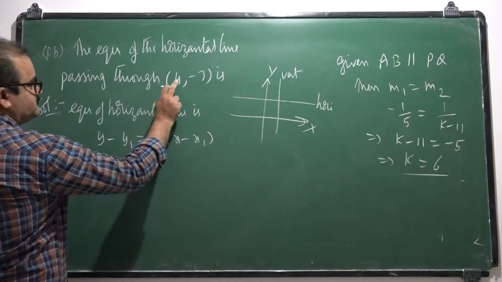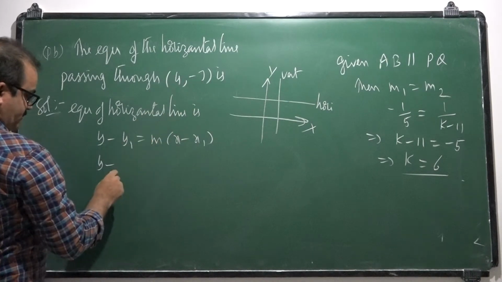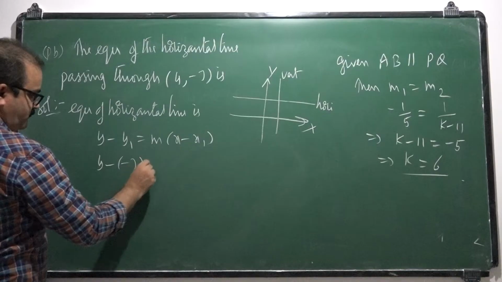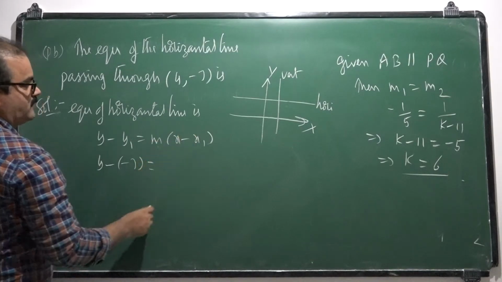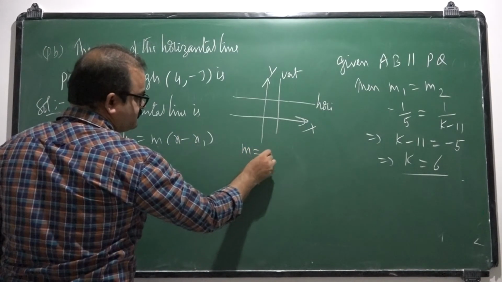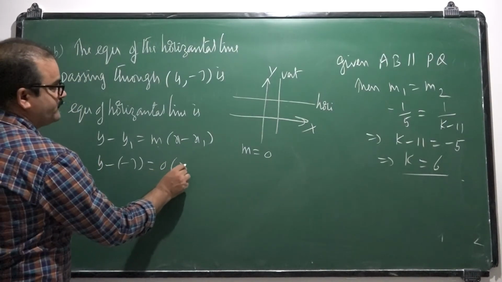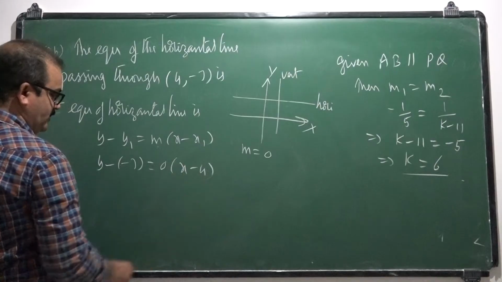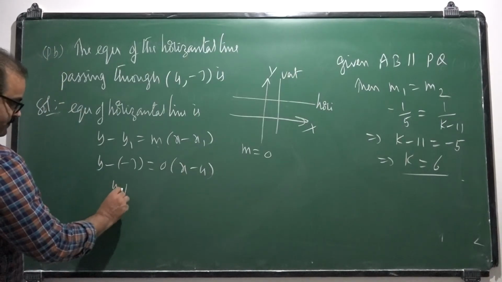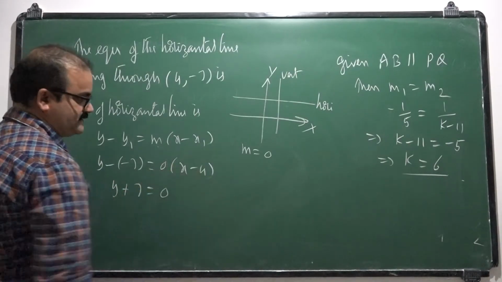What is y1? Minus 7. Slope m is equal to 0. Slope of horizontal line is 0. 0 into x minus 4. 0 into anything is 0. So y plus 7 is equal to 0.